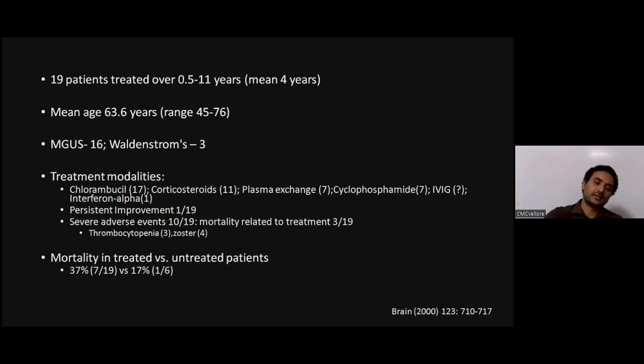This one slide shows that they tried so many treatments in this DADS variety: chlorambucil, corticosteroids, plasma exchange, cyclophosphamide, IVIG. Out of 19 patients, only one had persistent improvement, and all of these treatments had severe adverse effects in half of the people, and treatment-related mortality in 1/6 of the sample.